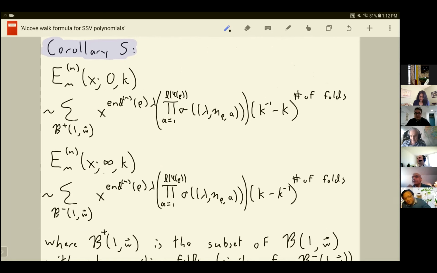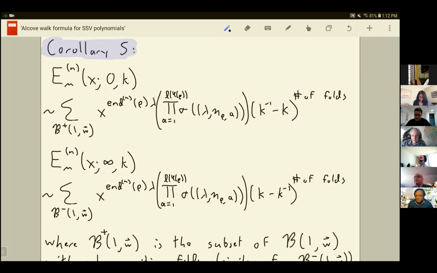Just as Macdonald polynomials, what Macdonald did was he took his famous formula for spherical functions for p-adic groups, and he added a parameter to that. He essentially saw that they were Hall-Littlewood polynomials, and he added a parameter.